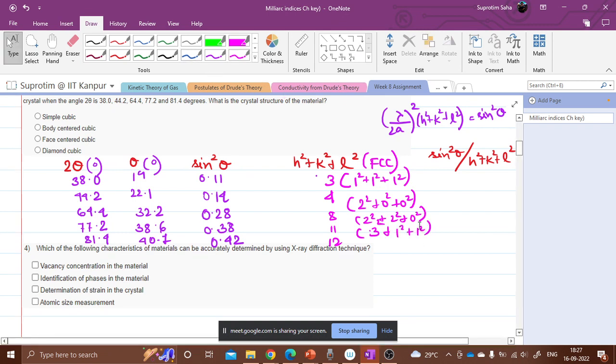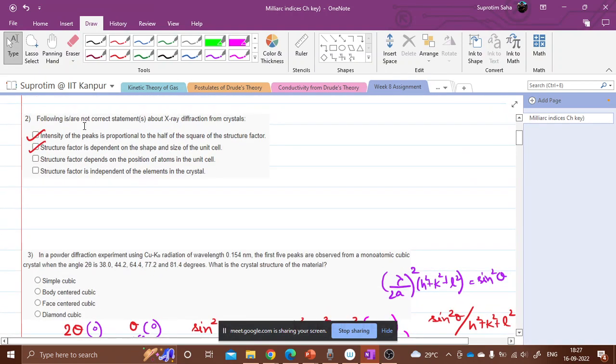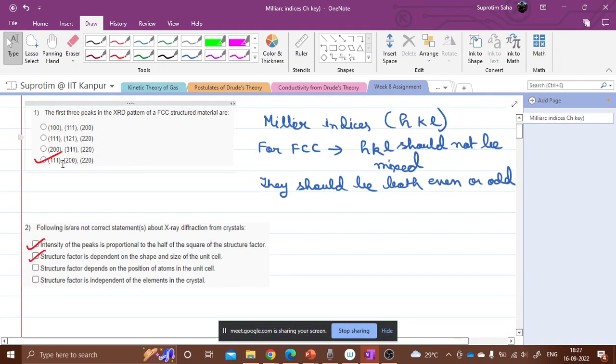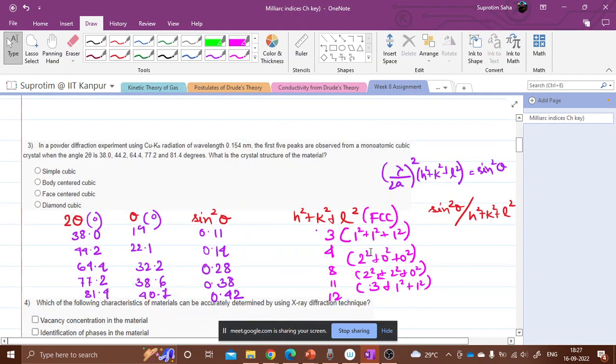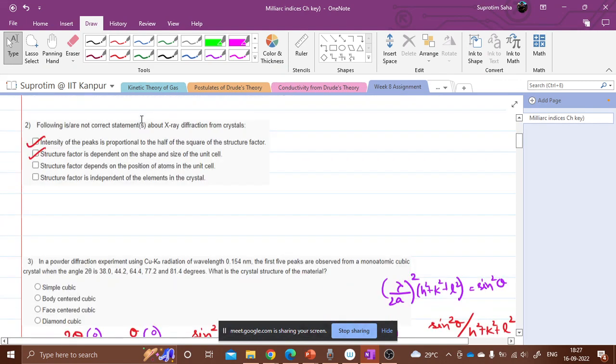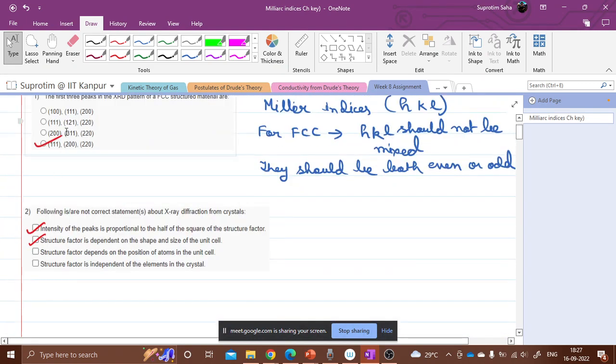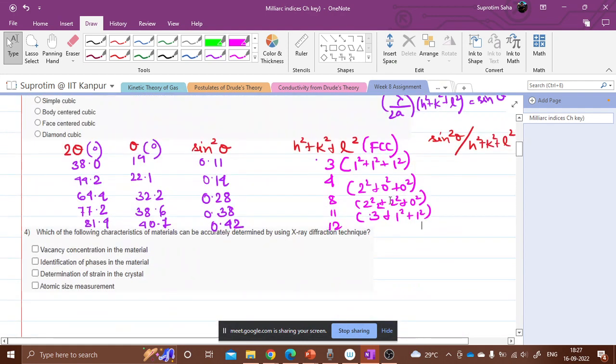So by that practice, you can always verify your first question's answer, right? So 111, then 200, then 220, and then would be your 311. So 311 would be the next set of planes.